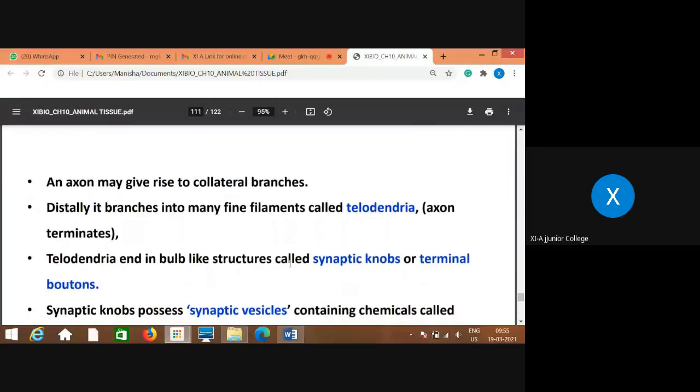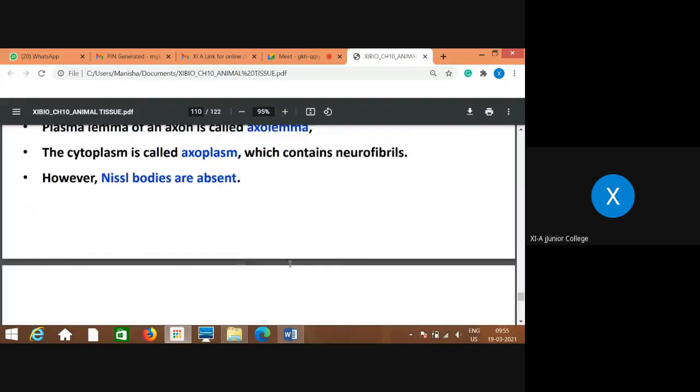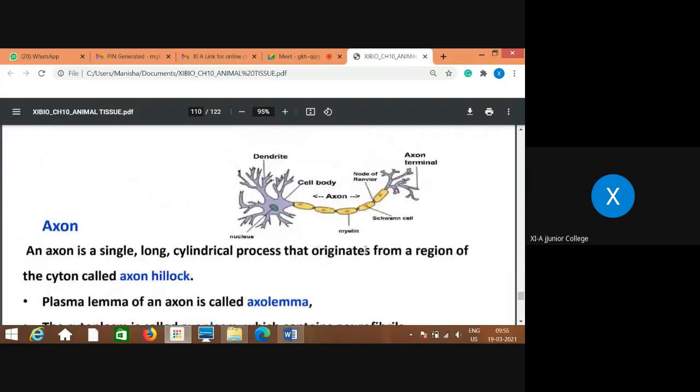An axon may give rise to collateral branches. Distally, it branches into many fine filaments called telodendria or telodendrons. That means the end of the axon. As I told you, this part where the axon terminates, where it ends, gives a branched appearance like branched roots.